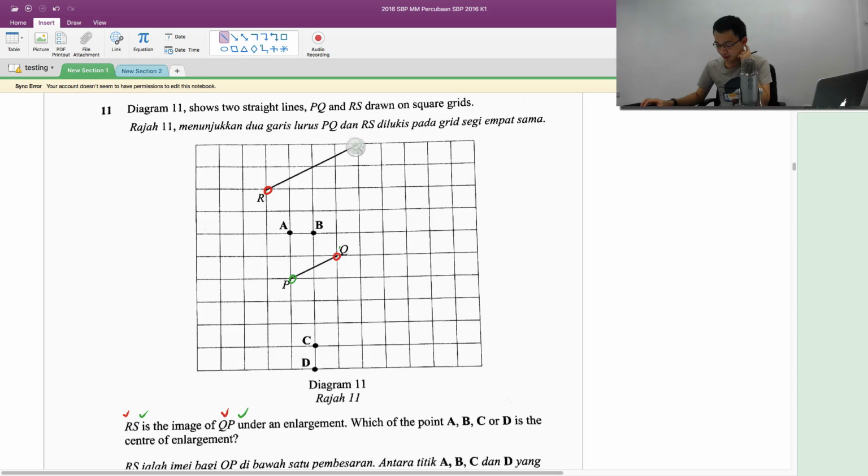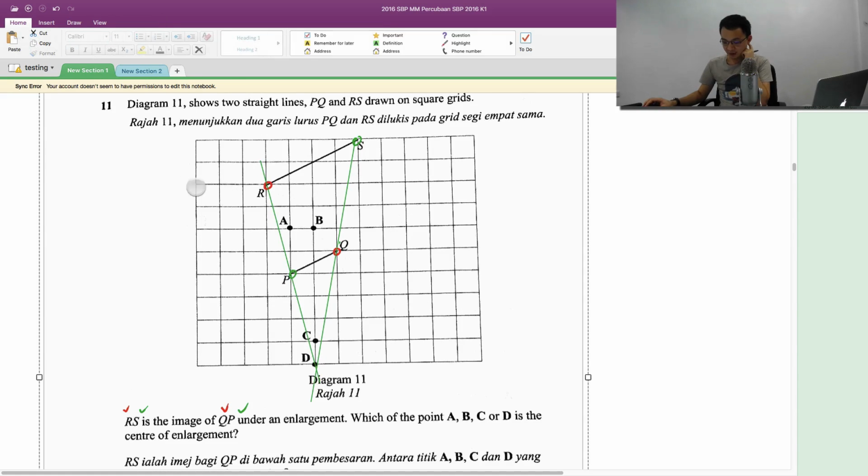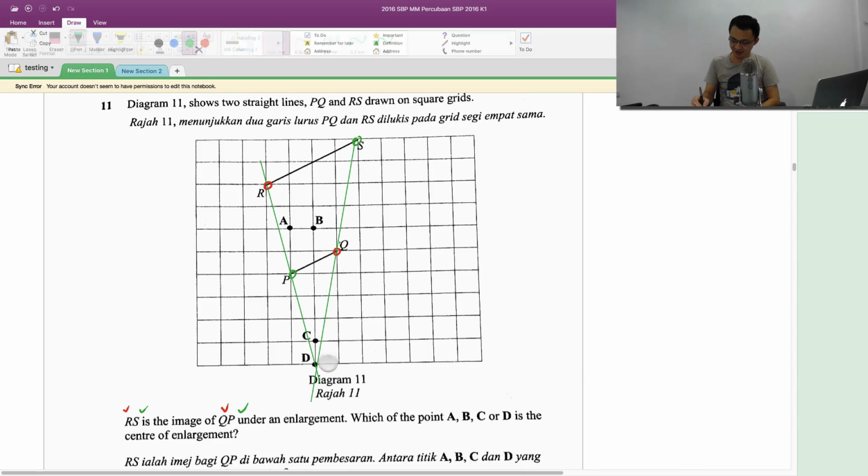So I try to connect this point to Q, and then I do the same thing for this point to this point. Then I thought the answer basically is D.